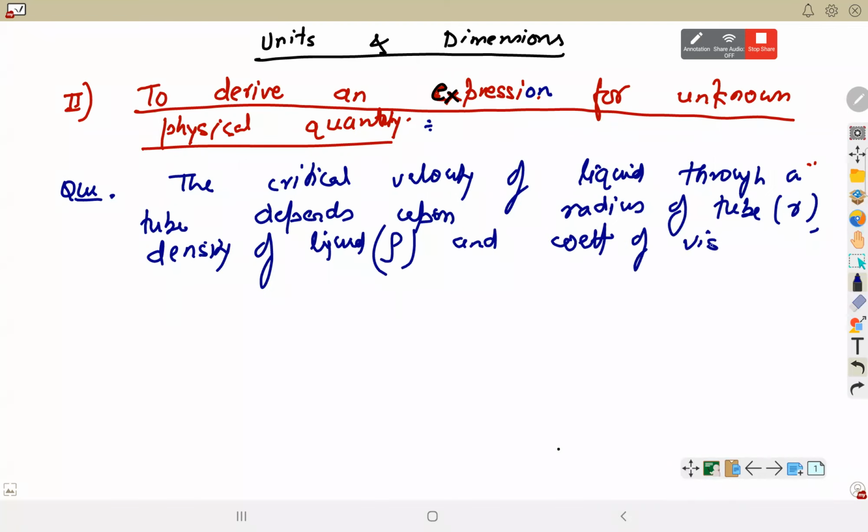Just a recap of last class through one example. So the velocity will depend upon radius, density, and coefficient of viscosity. Find the expression for critical velocity.